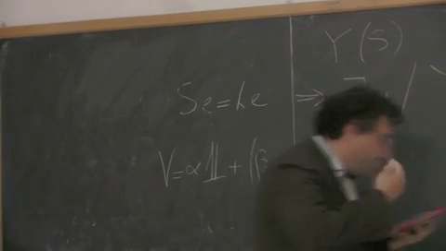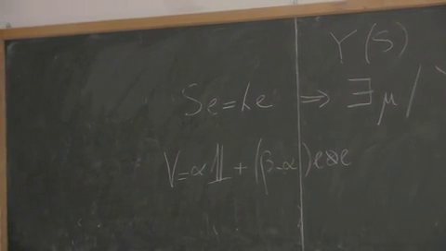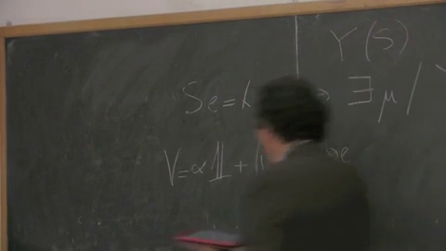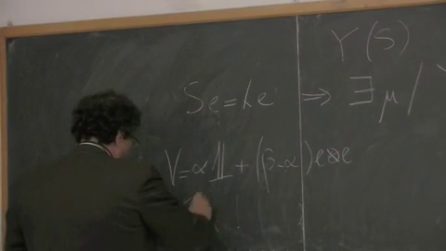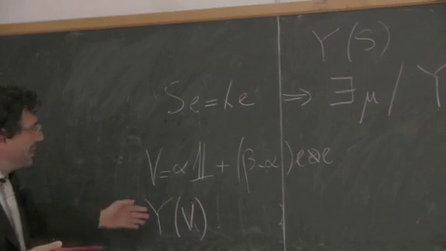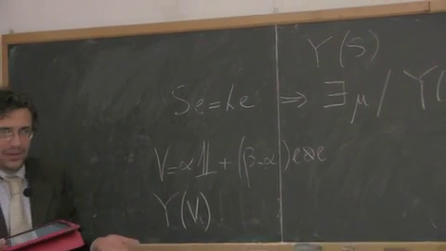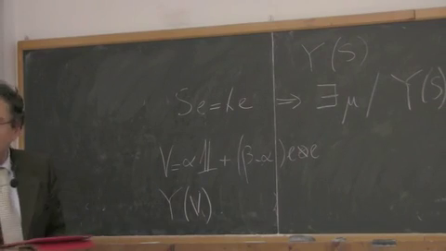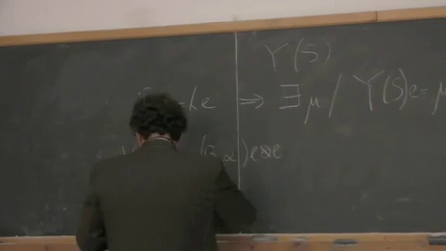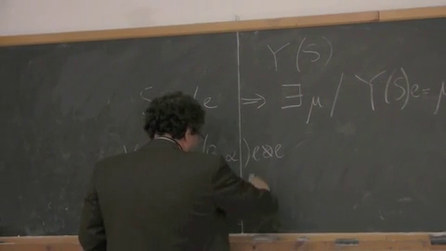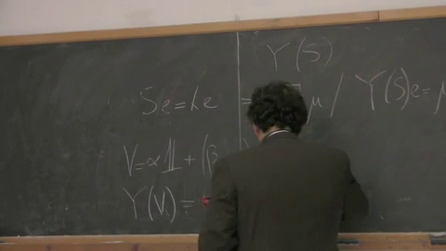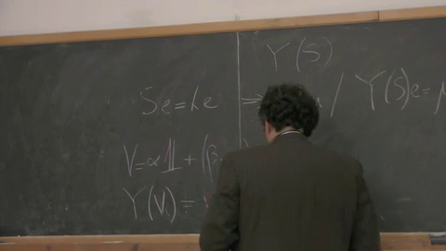Now, the proof which we have already given implies that Y of V must have the same eigenspaces. Okay, so as we have done before, we can represent Y of V as V0 identity plus V1 V.